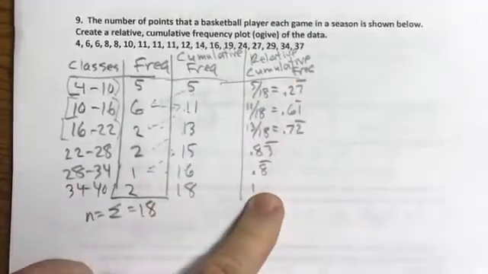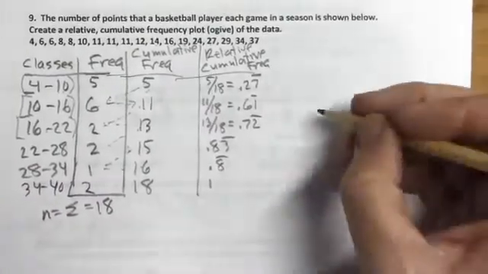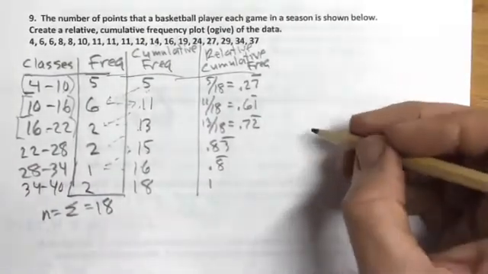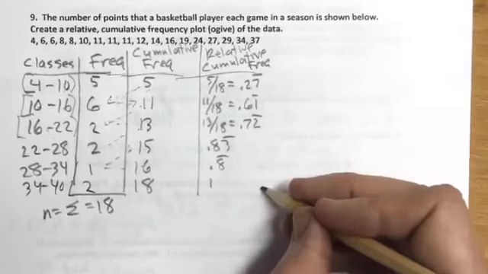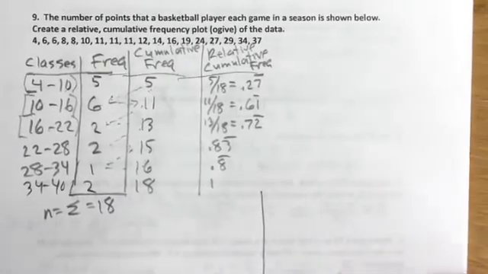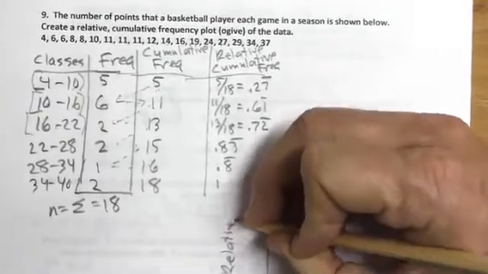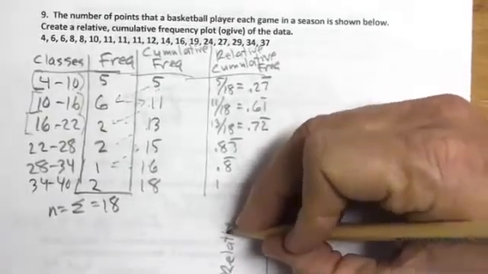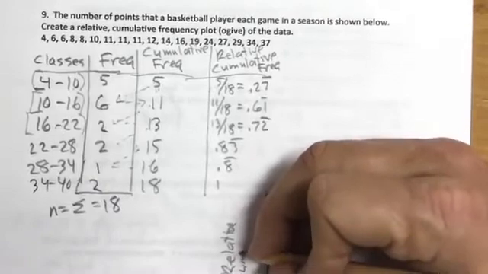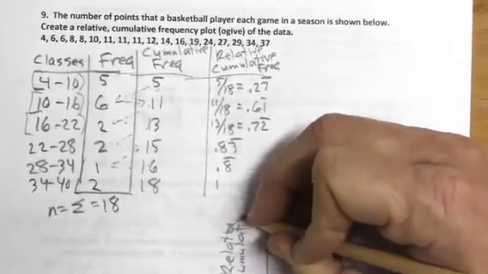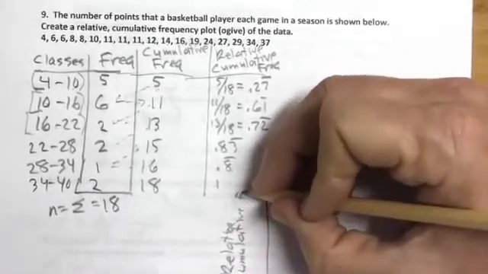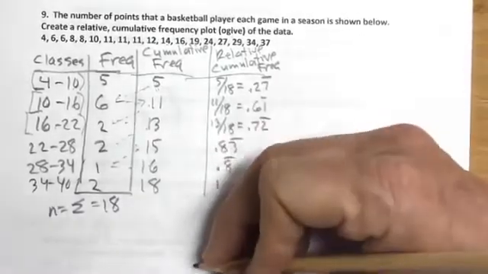Now we're going to graph these numbers, and that's what is known as a relative cumulative frequency plot. Whenever you see the term relative cumulative frequency, it is in essence a percentile graph.